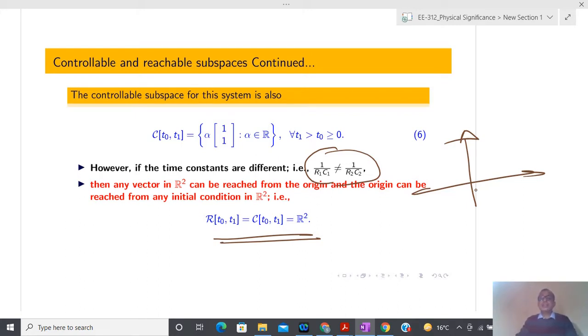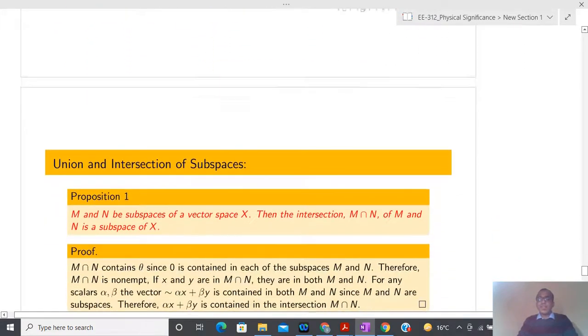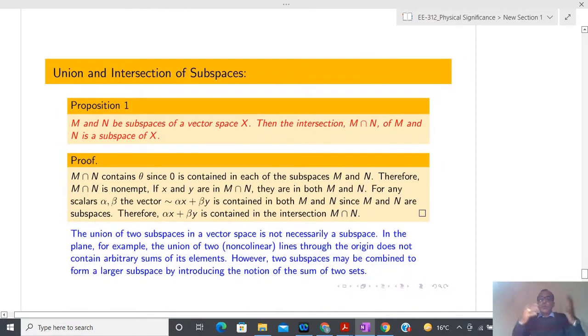Due to that reason, the notion of subspace gives us a visualization of what part of the system, or what kind of space, I can modify with the help of control. So some systems are controllable, some are not controllable.